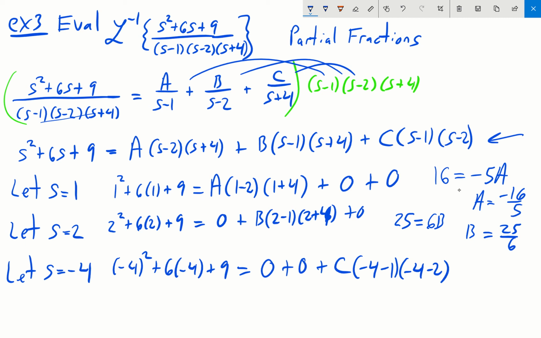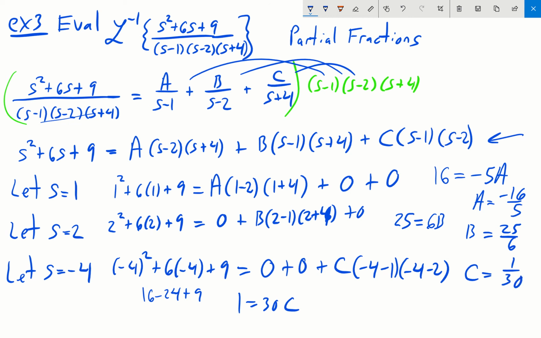That's going to be 16 minus 24 plus 9. That's negative 8 plus 9, which is 1. Put it here. Equals, and then on this side, we have a negative 5 times a negative 6. Should give us a positive 30. And then divide both sides by 30 until we get that c equals 1/30.